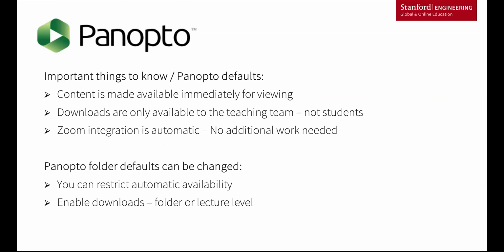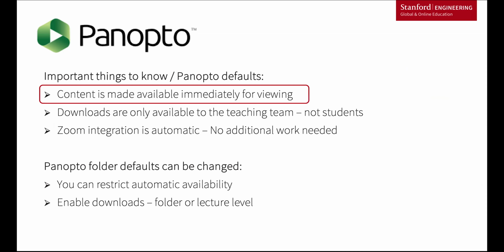Here I just want to go over some of Panopto's site-wide defaults and things that are good to know about the tool. Again, it's only available through Canvas. By default, all of the content that you put into your course folders is made available immediately, meaning any video that you upload to that course folder, students will be able to watch right away.